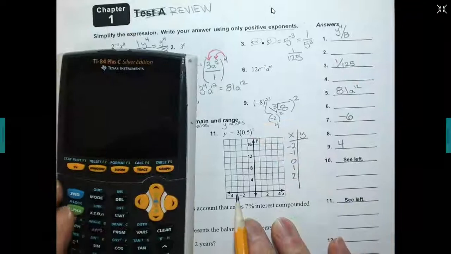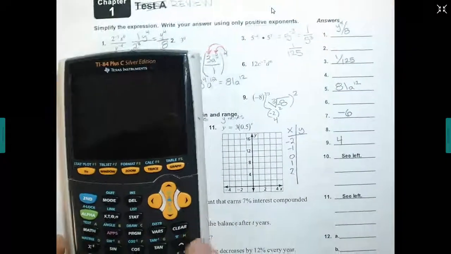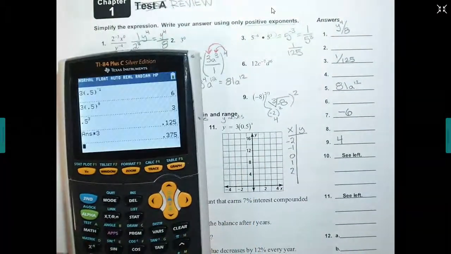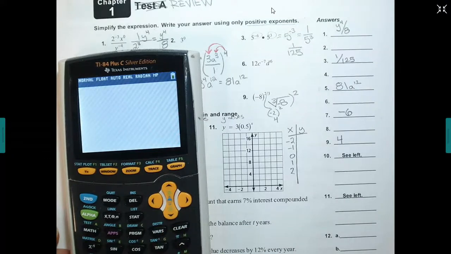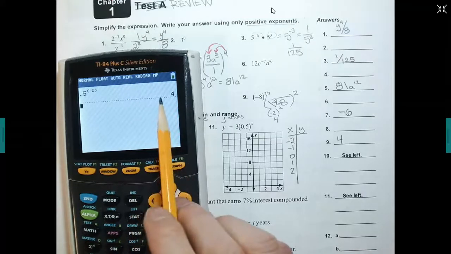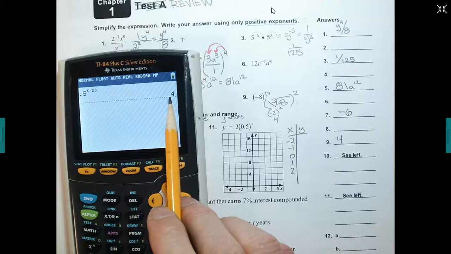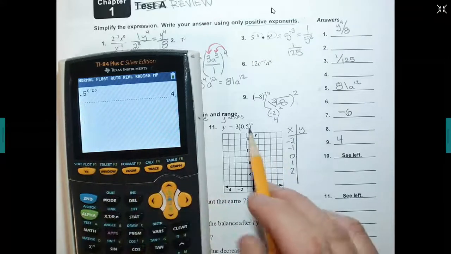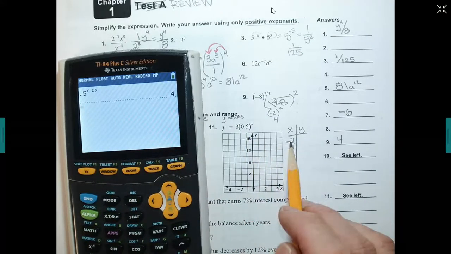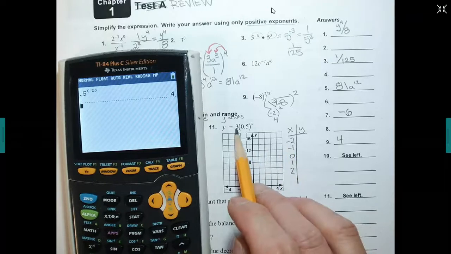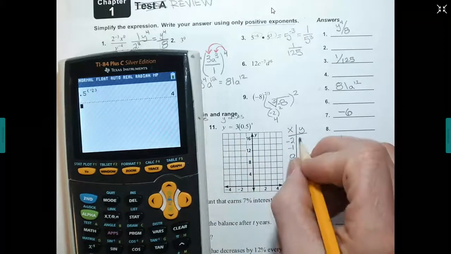So I have 0.5 to the negative 2. 0.5 to the negative 2 is 4. 4 times 3 is 12.